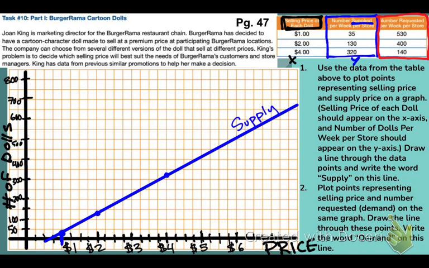We have supply, and what's the opposite of supply? We've talked about this. Demand. Demand, yeah. So the number requested is the same as the demand. And in problem 2, it says the number requested, and in parentheses, it tells you that's the demand. So what does the demand represent?